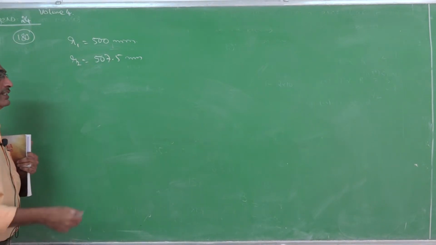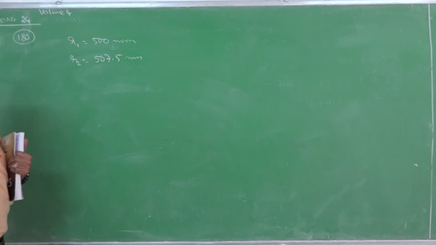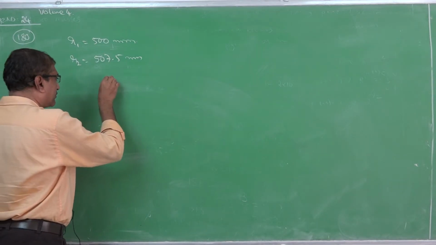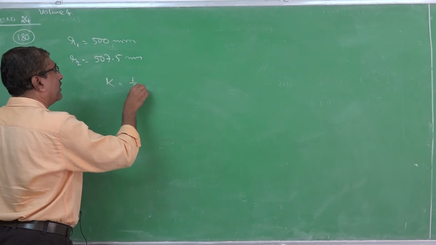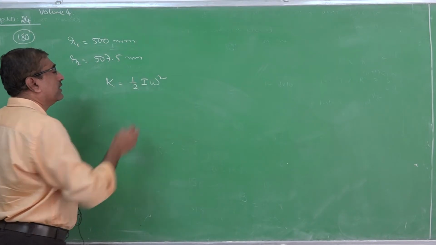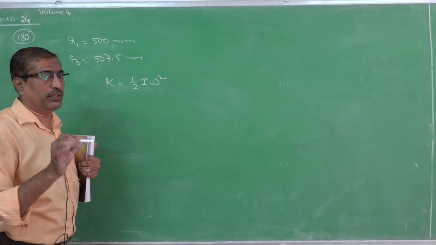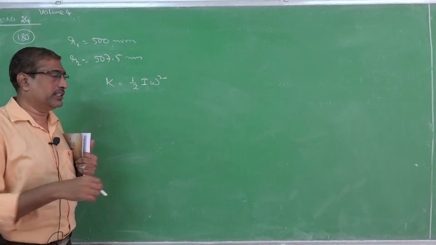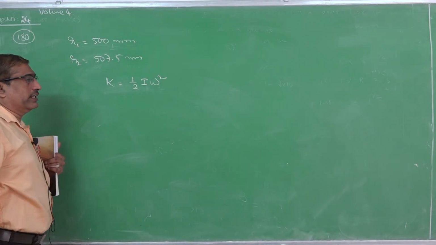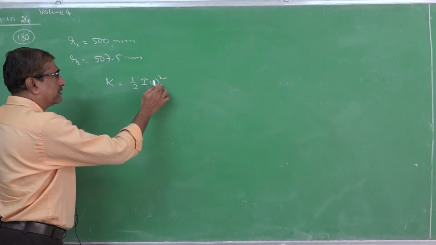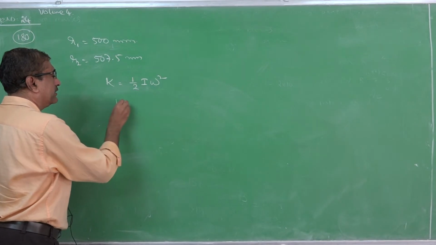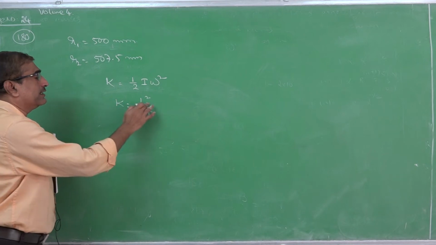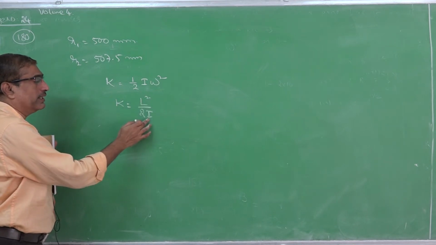Linear kinetic energy is half mv square, whereas rotational kinetic energy is K equal to half I omega square. That means in place of mass we take moment of inertia, and in place of velocity we take angular velocity. This can be written as K equal to L square by 2I, similar to kinetic energy equal to square of momentum by 2m.